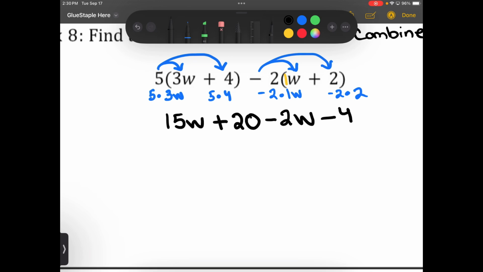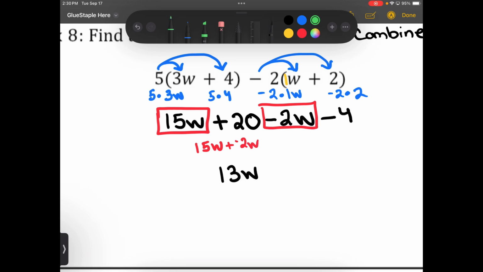All right, so now on to step 2. Let's combine like terms. Start with 15w. What is the other term that is like 15w? -2w. Good job. Plus -2w, 13w.